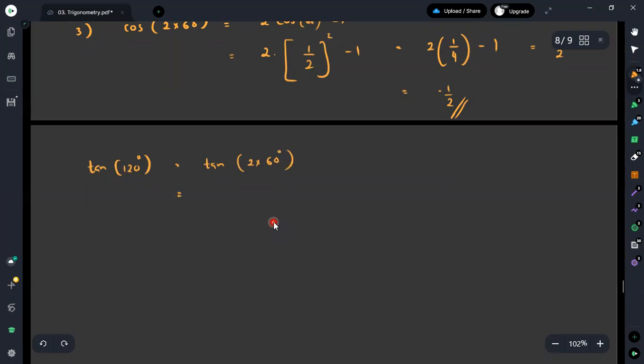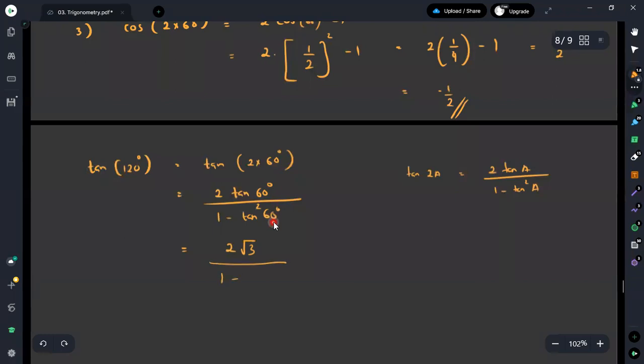Then it is equal to 2 times tangent 60 over 1 minus tan squared 60. This is because, according to the equation, we know that tan 2A is equal to 2 times tan A over 1 minus tan squared A. Then tan A, in this case, we can take as root 3.